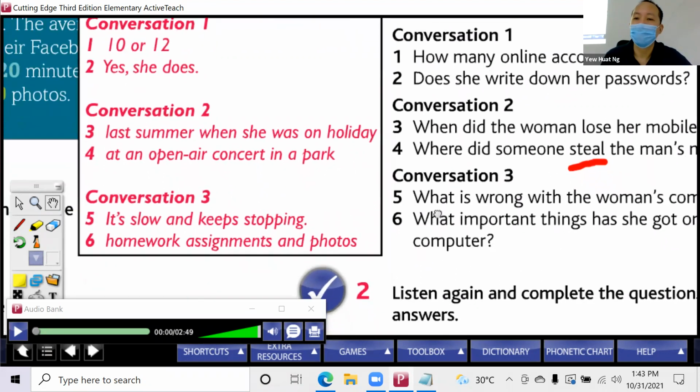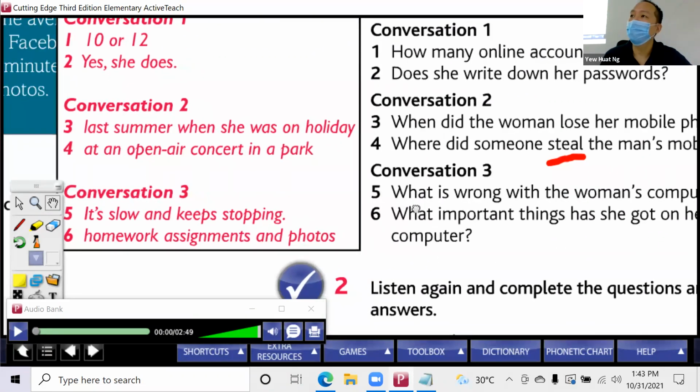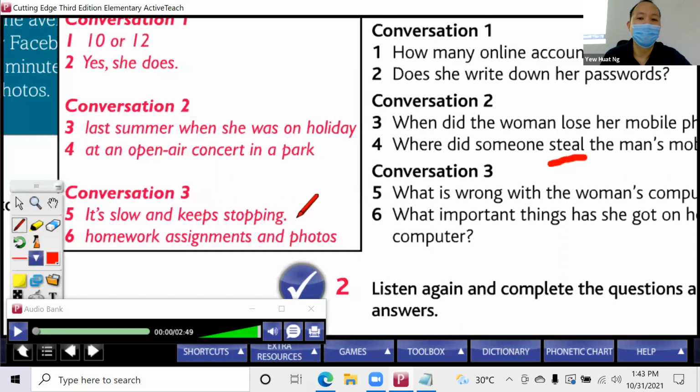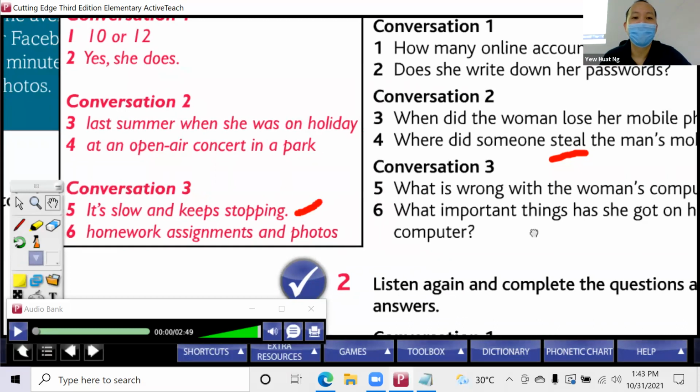Hey, what is the word that we use for this? We have 2 words, right? For computers. Lag and hang.